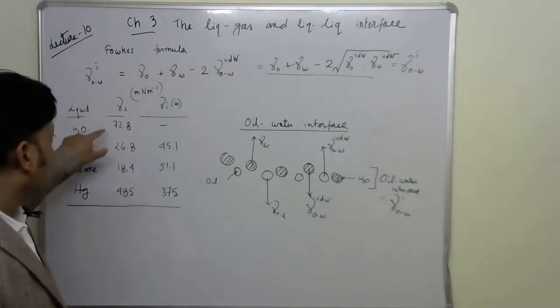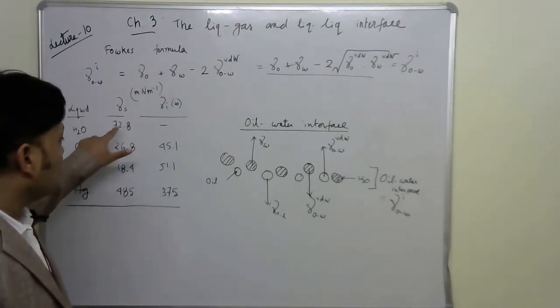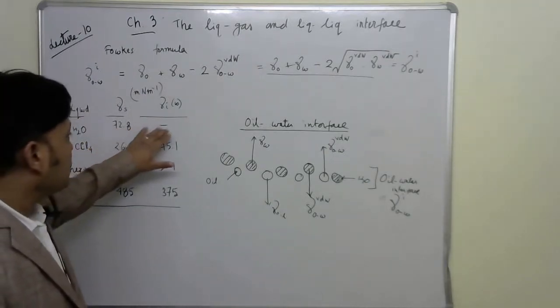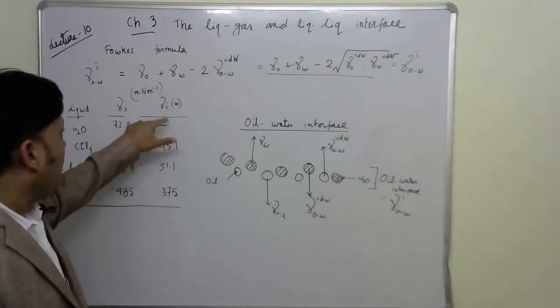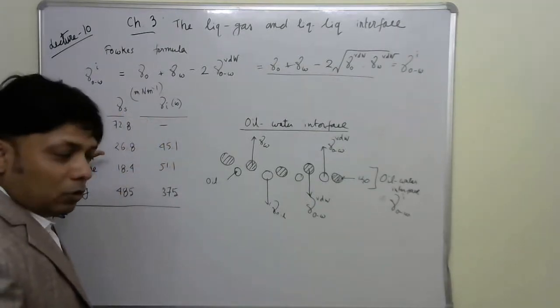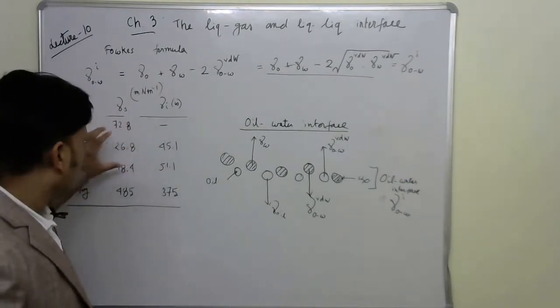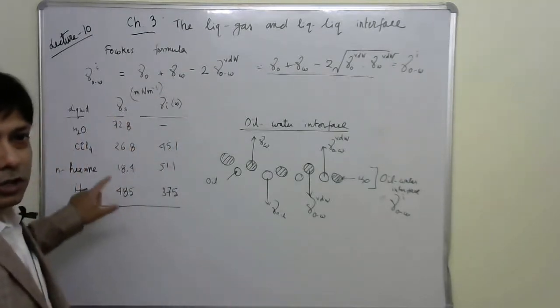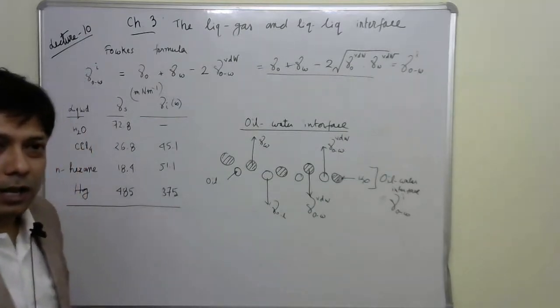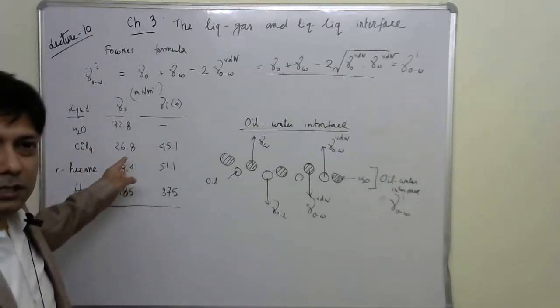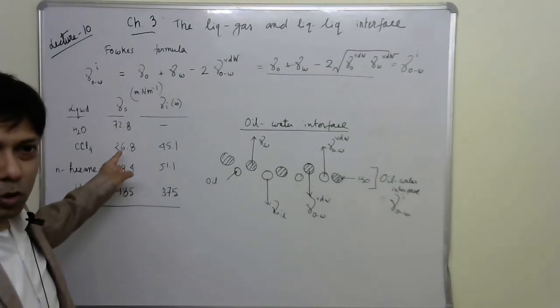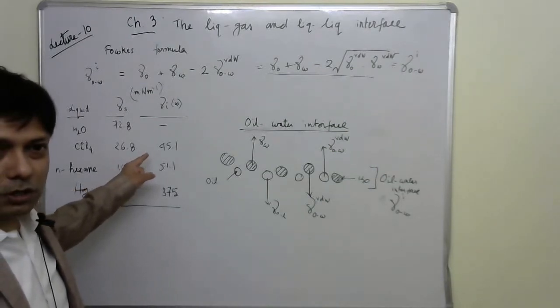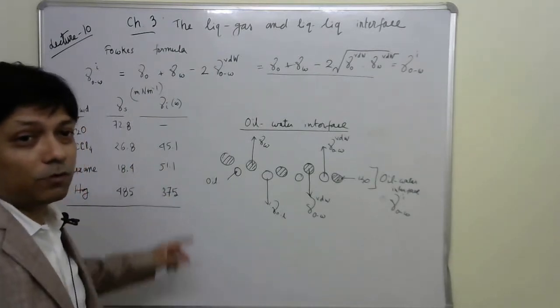It has a pure surface tension of 72.8, and there is nothing for the interfacial value because gamma IW means a liquid's interfacial tension when it interfaces with water. Next we have carbon tetrachloride. As you see, pure carbon tetrachloride surface tension is 26.8, and when it interfaces with water, the interfacial tension increases to 45.1.